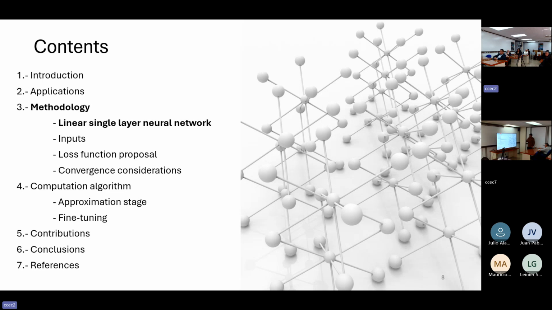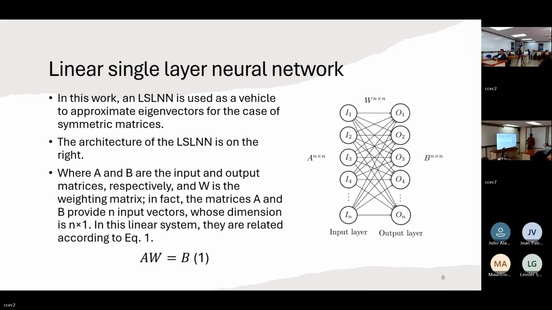We are going to talk about the model we use in this work. The model we use is shown in the image on the right side.